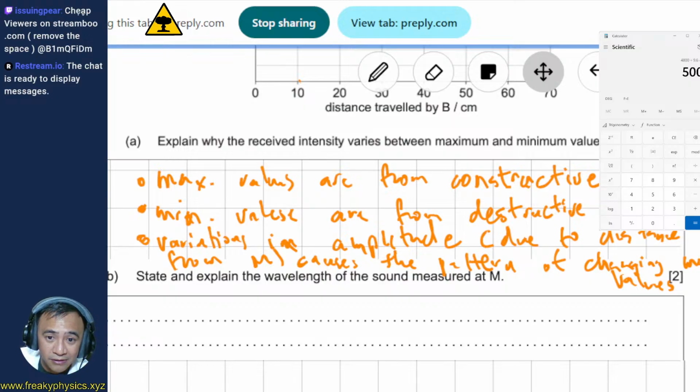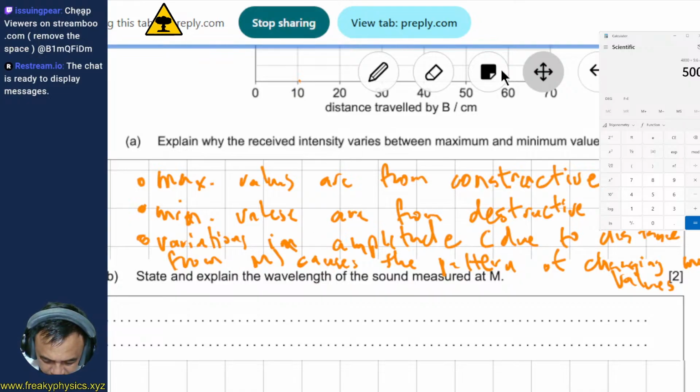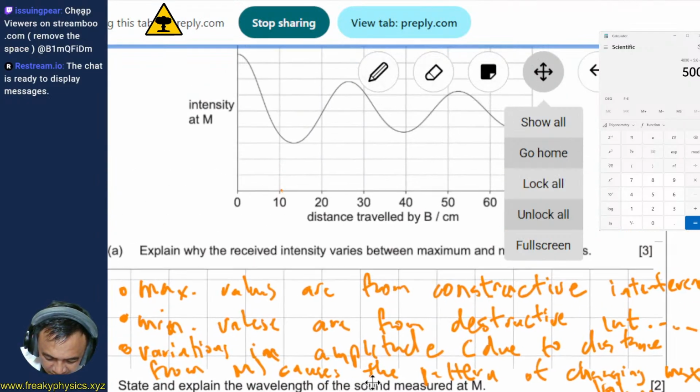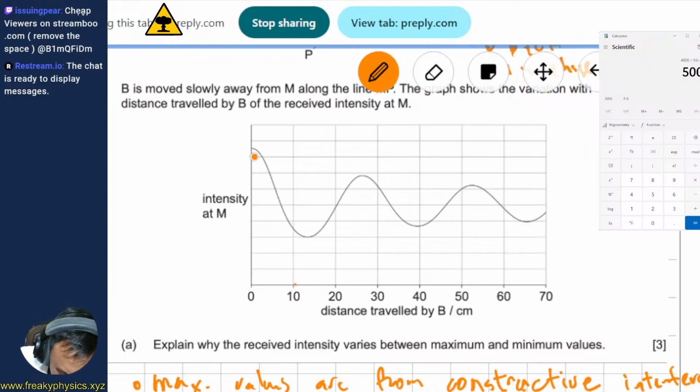State and explain the wavelength of the sound measured at M. Let's go back to the graph here. Basically, we have constructive interference here, where the path difference is equal to 0.